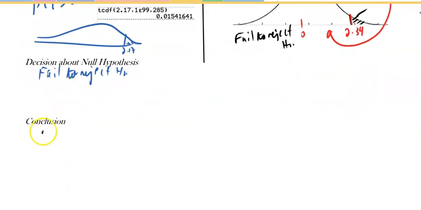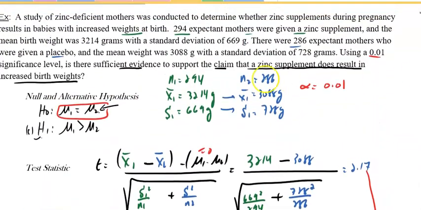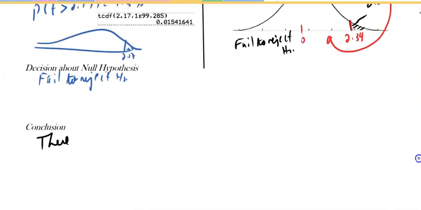What's the conclusion? There, and remember where the conclusion was. It's right there. Test the claim that it does... since I failed to reject this and the claim is on the alternative, I can't support it.